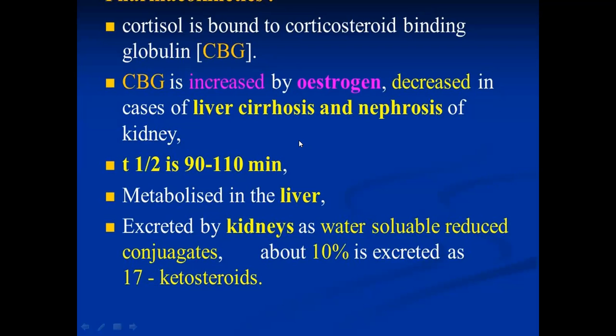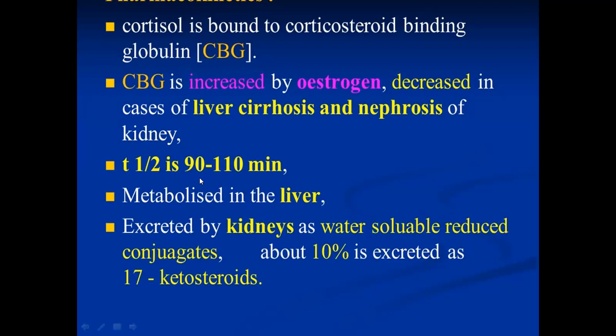Then 90% are bound to plasma protein. This is about distribution. Then next point, they are metabolized by the liver and excreted through the urine. They are metabolized by the liver by phase two glucuronide conjugation reaction.